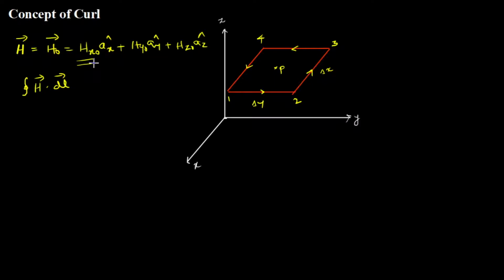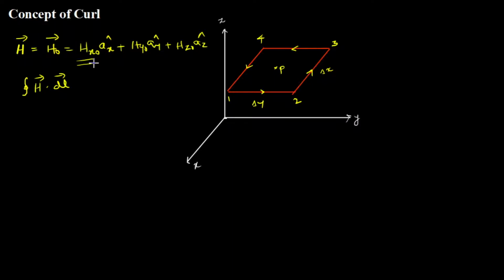What I am trying to say is I have considered a closed path and P is the center of this closed path. There is an initial magnetic field intensity at this point P, which I can represent in terms of x, y and z coordinates as Hx0 ax cap plus Hy0 ay cap plus Hz0 az cap.